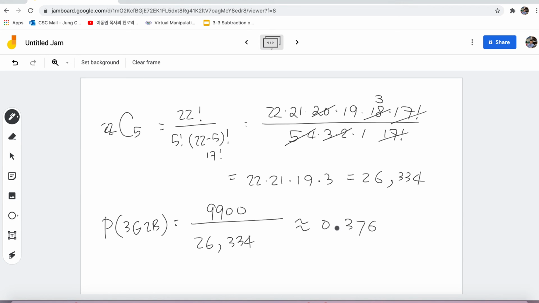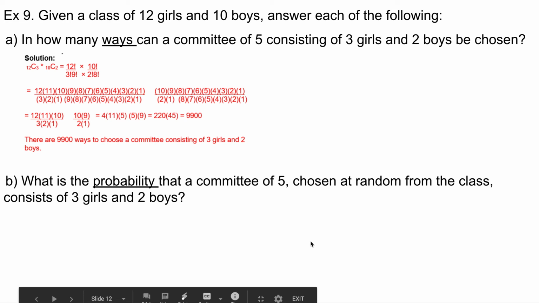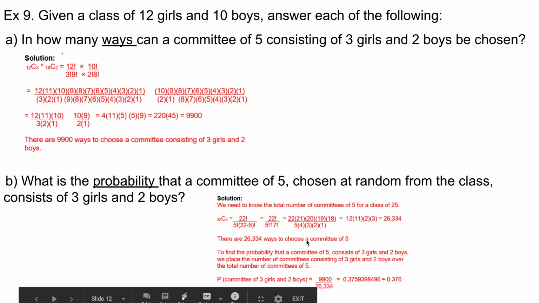If your number is bigger than 1, it is wrong, because remember, probability has to be always greater than or equal to 0 and less than or equal to 1. The maximum probability is 1, the minimum is 0, right? So the answer for B is about 0.376.